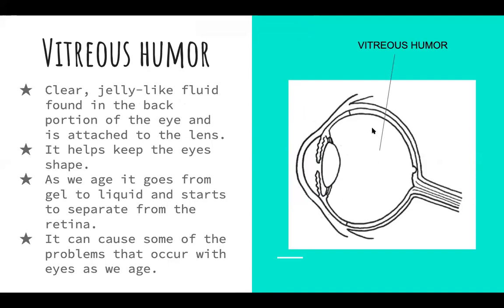The vitreous humor is what is used to give the eye its shape. As you age, it's going to go from a gel-like substance to a liquid substance, and it's going to separate itself from the retina. Okay, when that happens, unfortunately, this is where you're going to have a lot of eye problems that might happen when you get older.